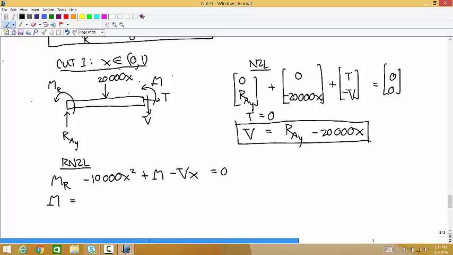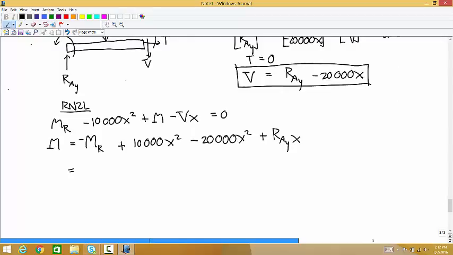So the bending moment is equal to negative M-R plus 10,000 X squared minus 20,000 X squared plus R-A-Y-X.